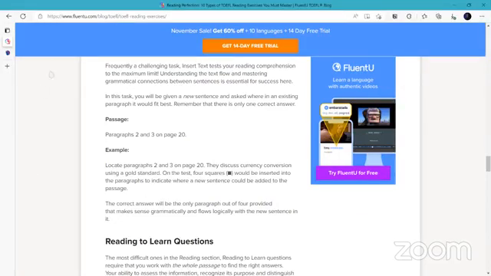On the test, four squares will be inserted into the paragraphs to indicate where a new sentence could be added to the passage. The correct answer will be the only position out of the four provided that makes sense grammatically and flows logically with the new sentence in it.